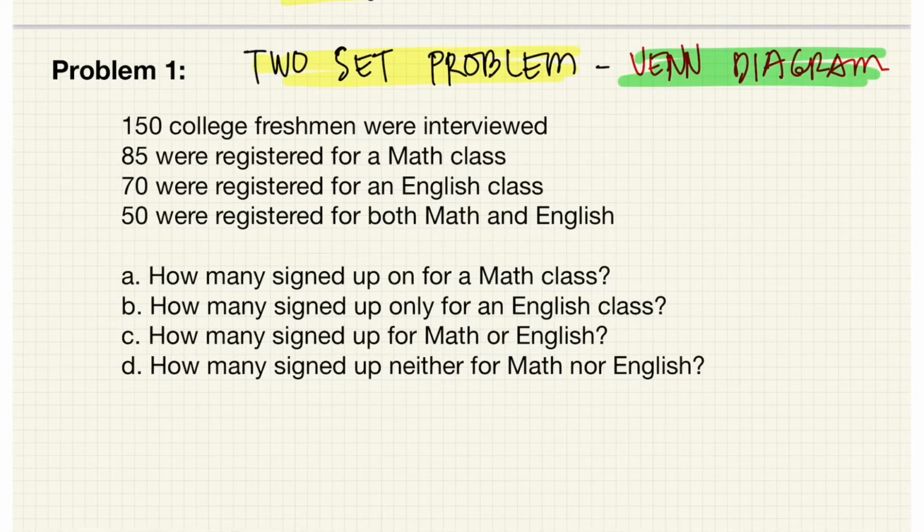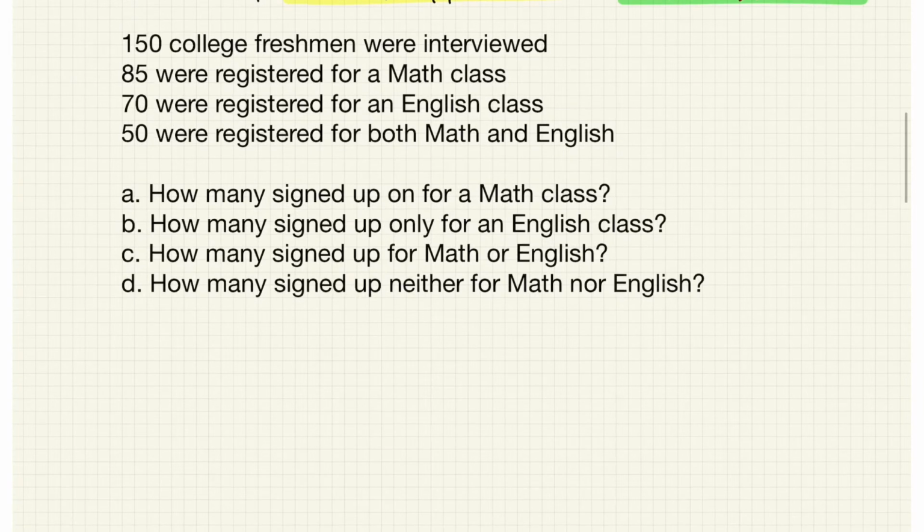We have a problem here. There are 150 freshmen who were interviewed. 85 were registered for a math class, 70 were registered for an English class, and 50 were registered for both math and English. We are going to answer these four questions after we do the Venn diagram.